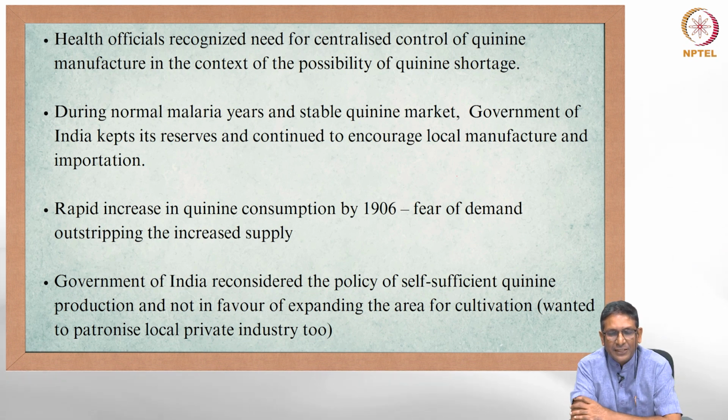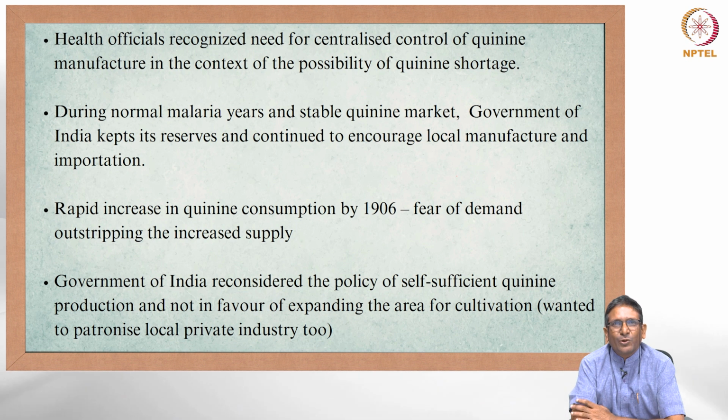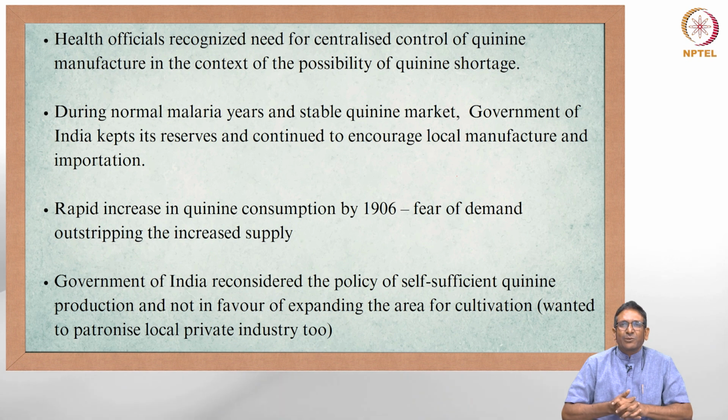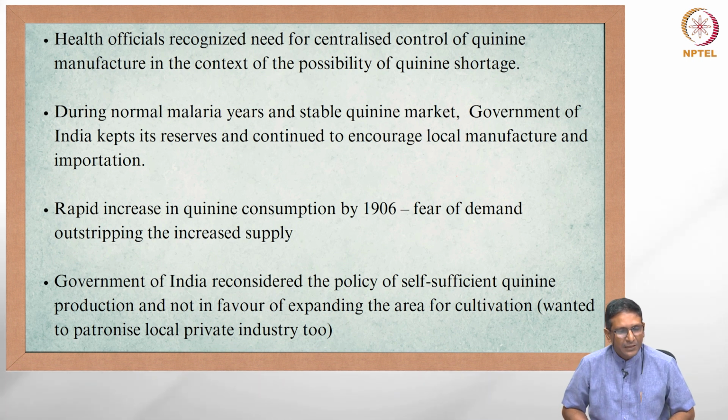The health officials recognized the need for centralized control of quinine manufacture, because now this had become the more preferred policy, and increasingly there was a need for more and more quinine. So there needed to be an all India policy on the import, production and the supply.